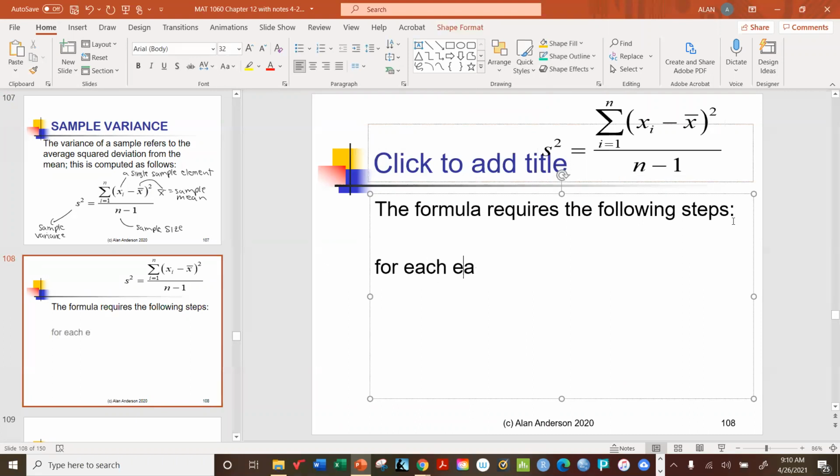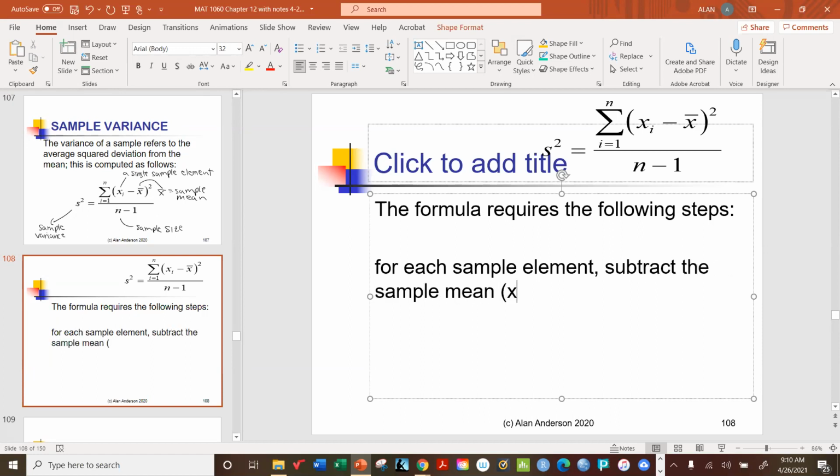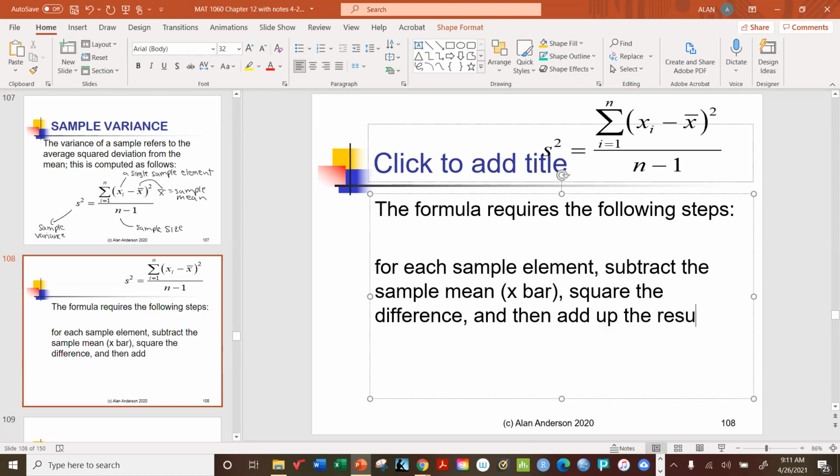For each sample element, subtract the sample mean, square the difference, and then add up the results.